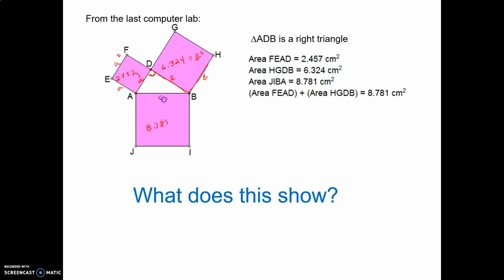And if this side is C and this is a square, then this side would be C, so this area would have come from C squared. So the two smaller squares' areas add up to be the area of the larger one. So what this is saying is A squared plus B squared equals C squared.